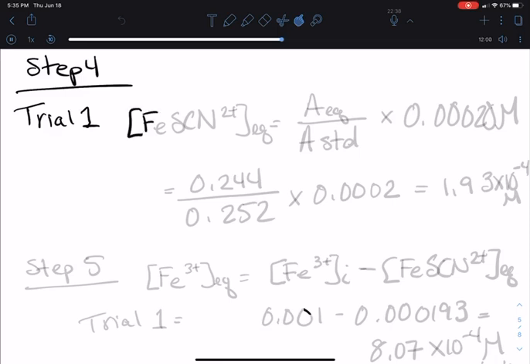So the iron thiocyanate. And this is equal to the absorbance of our trial divided by the absorbance of the standard. That's the number I guessed on, and that's why our Kc is crazy. Multiplied by the concentration.